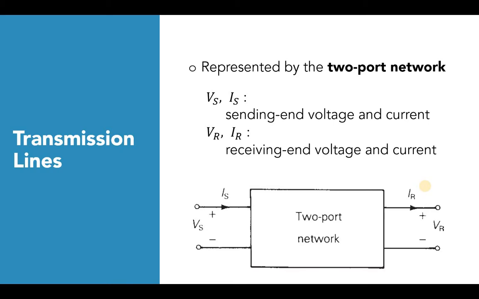We have Vs and Is, the sending parameters, and VR and IR, the receiving parameters. It will always be like this.